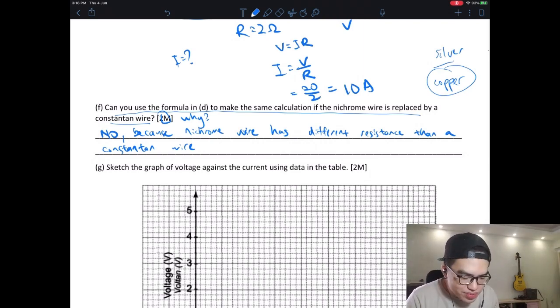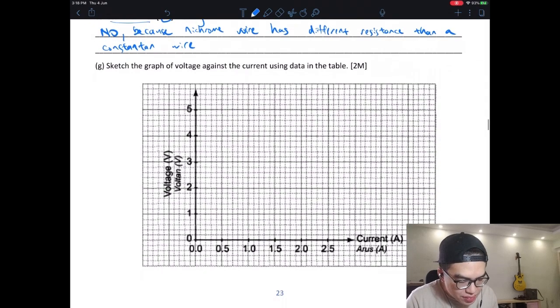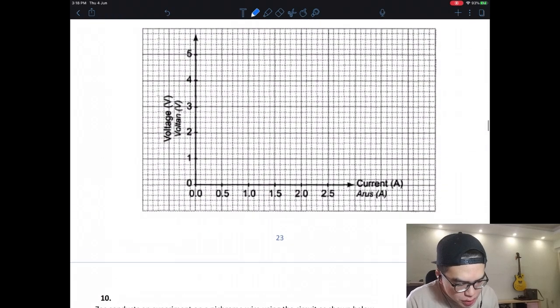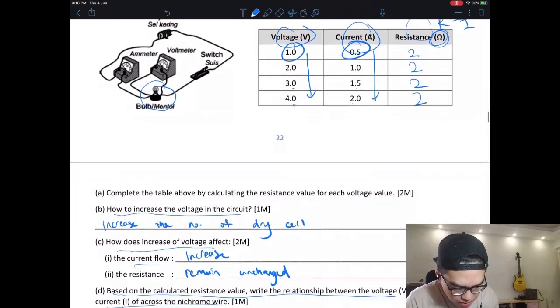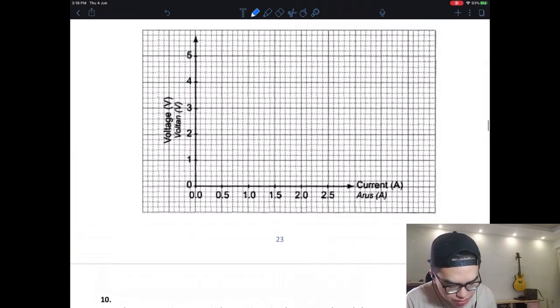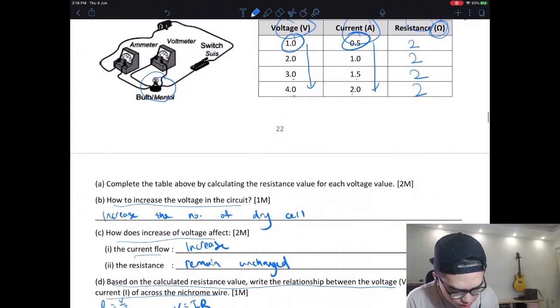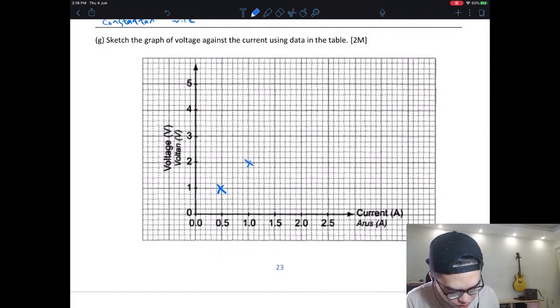Let's continue. Sketch the graph using the data. If you plot this graph wrong, I have no idea what to say. When my voltage is 1, current is 0.5. Then 2 and 1, 3 and 1.5, 4 and 2.